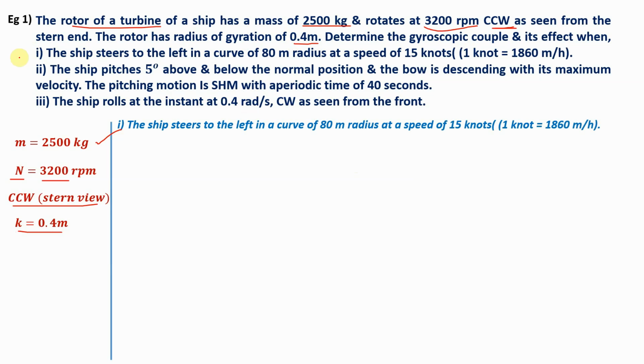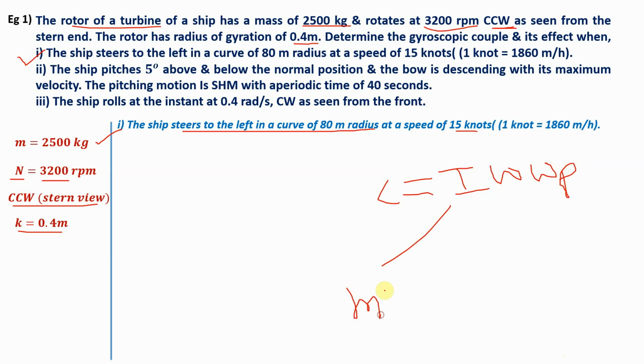We will solve for the first case. The ship steers to the left in a curve of 80-meter radius at a speed of 15 knots. So what we want to find out is magnitude of gyroscopic torque, which is equals to I omega p, where I is equals to mk square, moment of inertia of rotating parts.